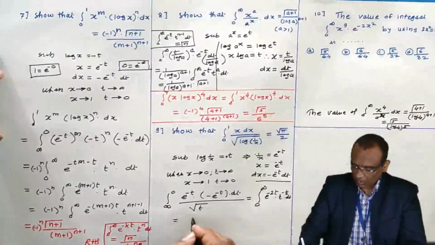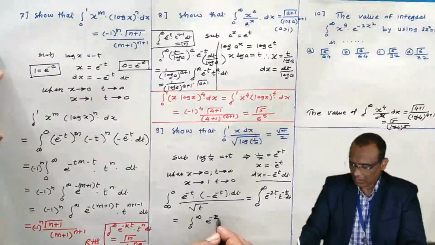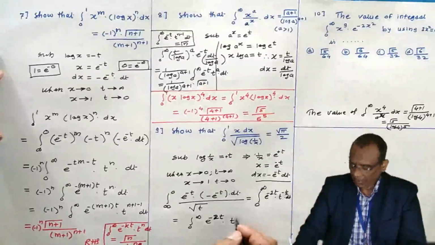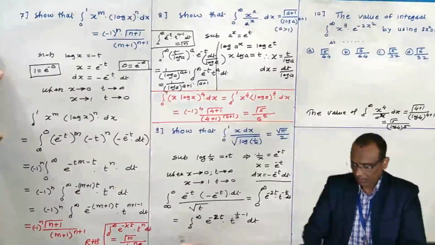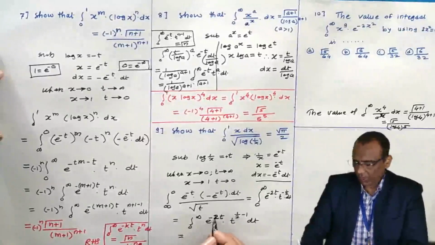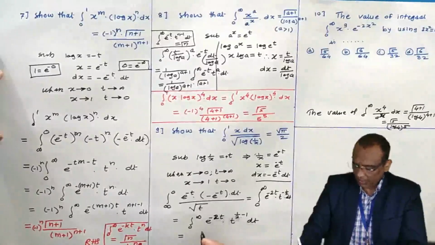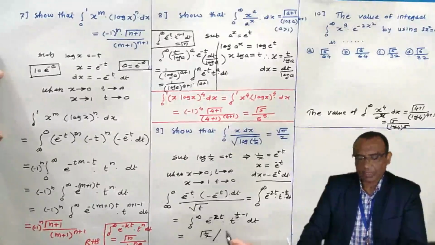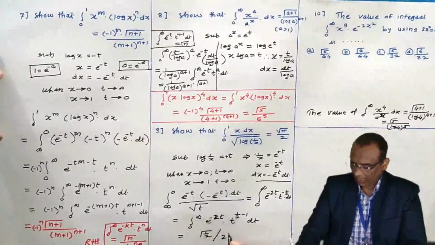Now, 0 to infinity, e power minus kt, this k is 2 now, and t to the power minus 1 by 2, we can write like this. Now, by our formula, 0 to infinity, e to the power minus kt, t to the power n minus 1 is gamma n divided by k to the power n, k is 2, n is 1 by 2.